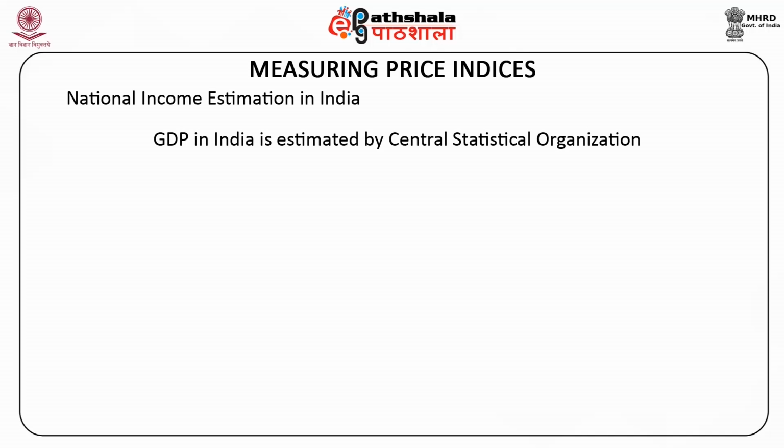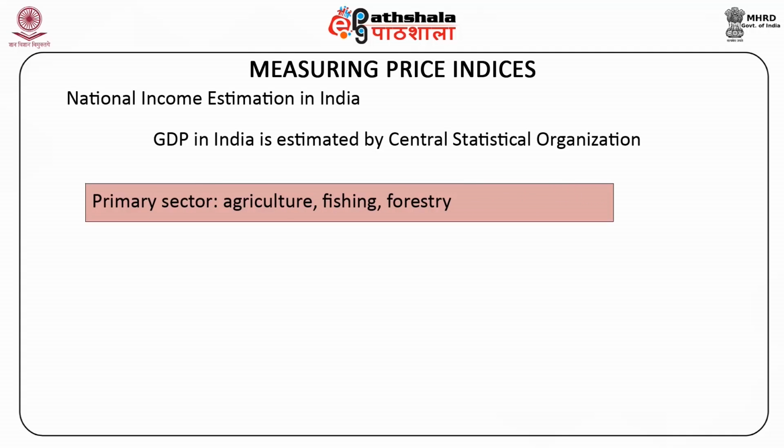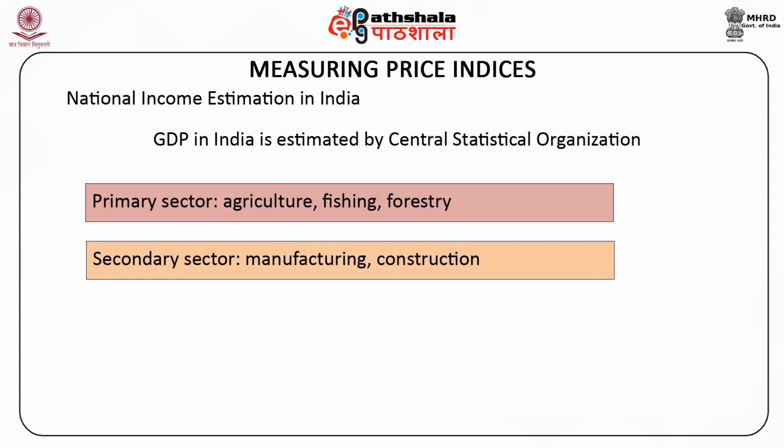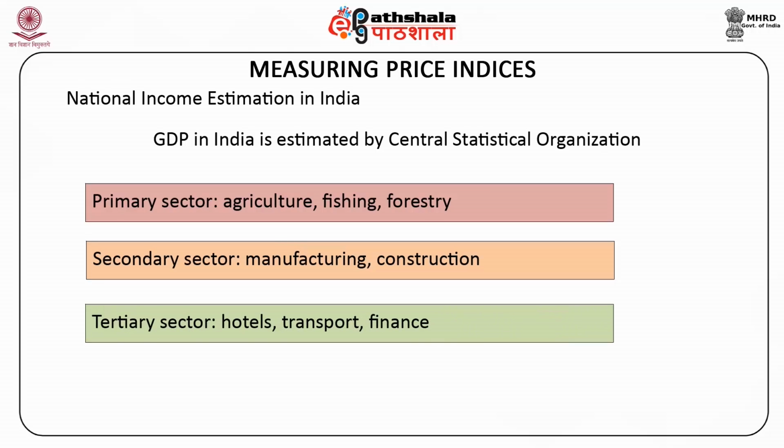It classifies economic activities into: first, primary sector consisting of agriculture, animal husbandry, forestry, fishing, mining, etc. Second, secondary sector consisting of manufacturing, electricity, gas and water supply, construction, etc. And third, tertiary sector consisting of trade, hotels, transport, communication, finance, personal services, etc. The CSO provides estimates of GDP quarterly at both current as well as constant prices.